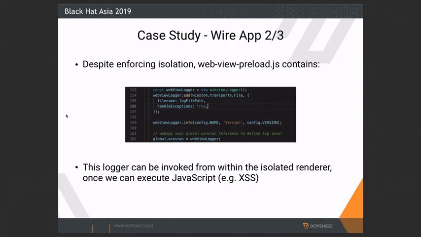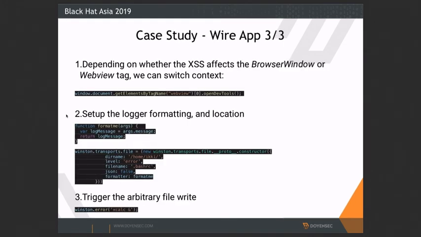This is obviously something that is required in the renderer, because the overall purpose is to actually log something inside the renderer, so inside the page that displays messages and attachments and such. But unfortunately, if you have JavaScript execution there, then you can repurpose that function. So you see here how this can be abused.